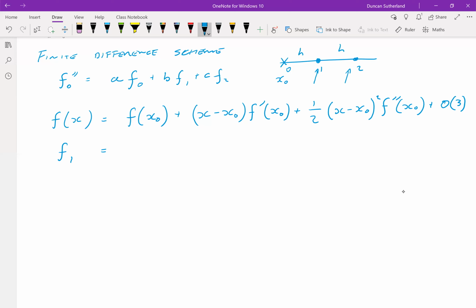That leaves us plus h. Oops, that's a naught. Plus h squared on 2 double prime plus higher order. So now we want to go x naught plus 2h.